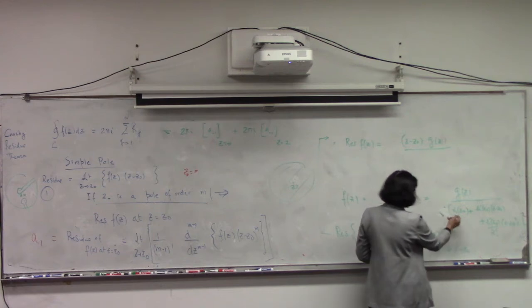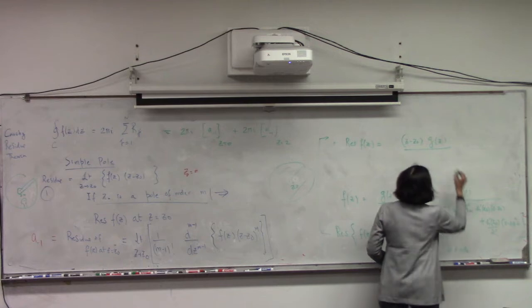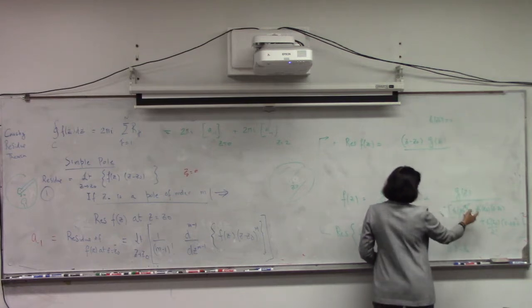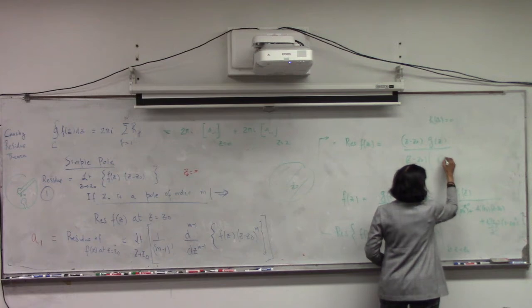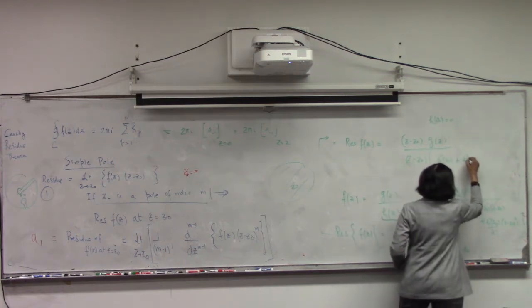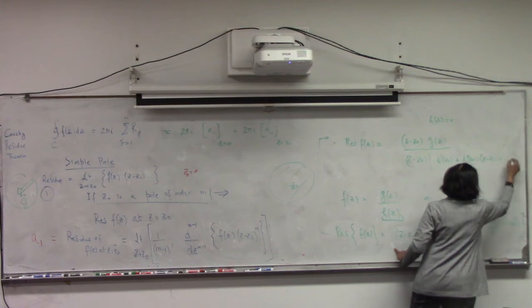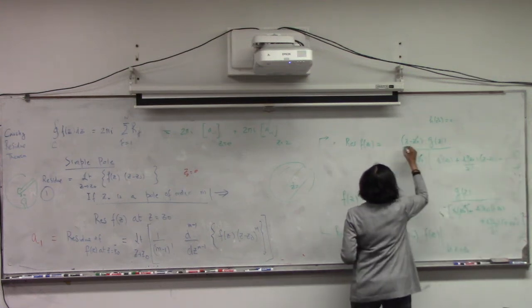That's given. So I can factorize z minus z naught out. The first term in the denominator is h prime of z naught. Then you have other terms, h double prime of z naught over 2 factorial times z minus z naught, and higher powers of z minus z naught. So this and this can cancel.